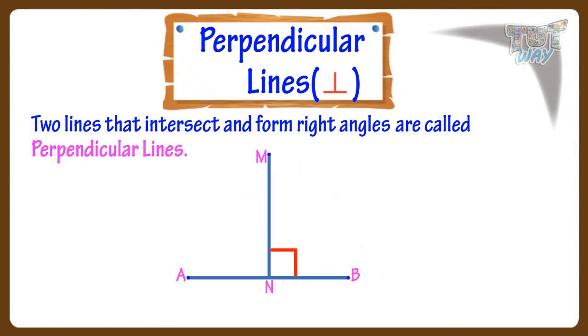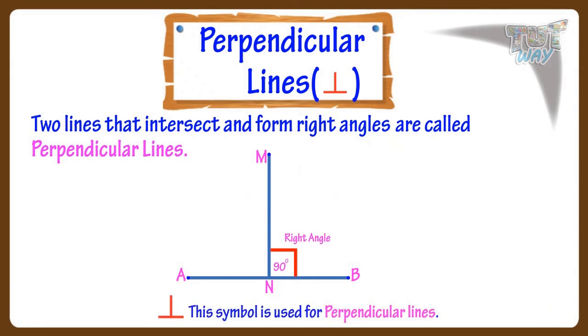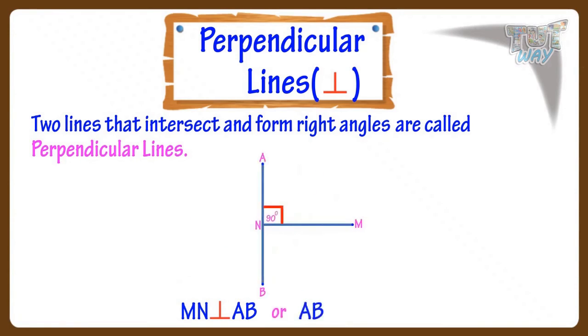That is, the angle formed between the lines AB and MN is a right angle or a 90-degree angle. This is a symbol that is used to denote perpendicular lines. Here, the line MN is perpendicular to line AB, or line AB is perpendicular to line MN.